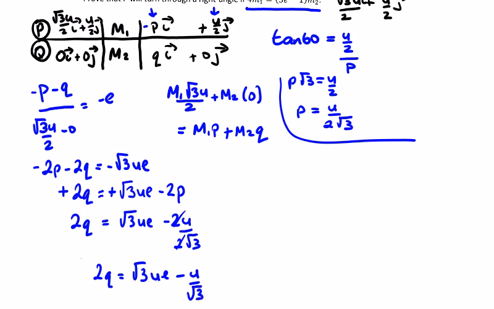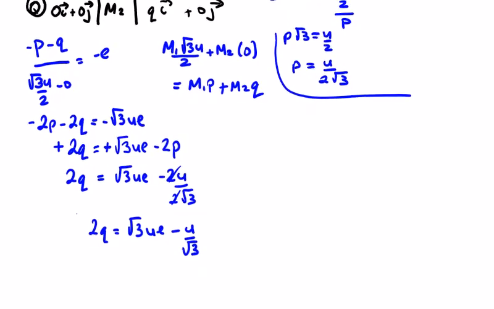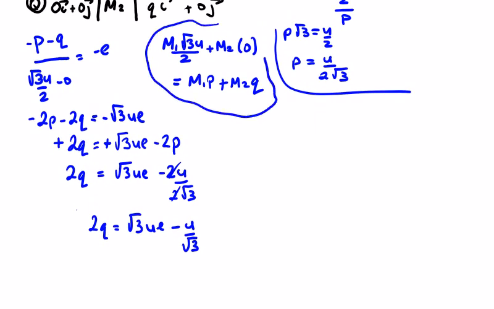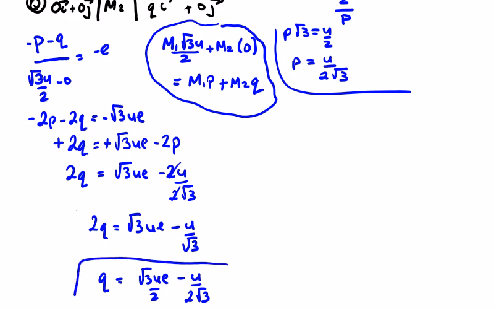So we should be able to sub P and Q into this conservation of momentum equation. Just get Q on its own first. So Q is equal to root 3 Ue over 2 minus U over 2 root 3. We can fix the surds in a minute.